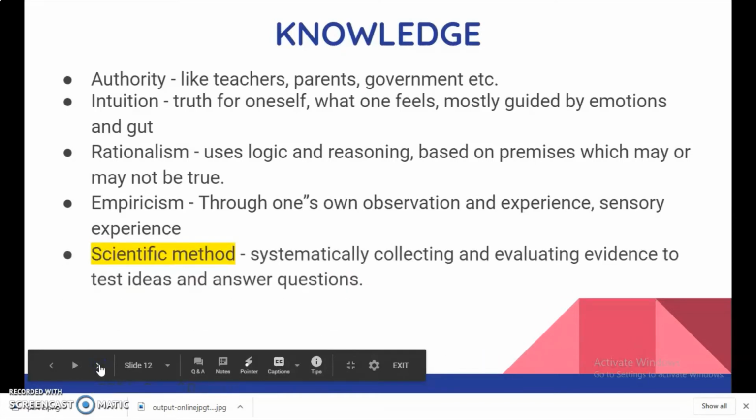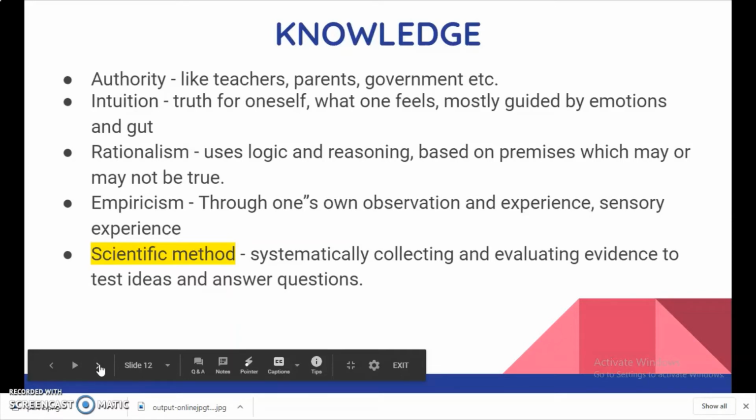And then we look into the other method, that is the scientific method. In the scientific method, we systematically collect and evaluate evidence to test ideas and answer questions. So we are collecting the evidence, we are observing things. For collection of the data or evidence, we observe things, but everything is done in a very systematic way.